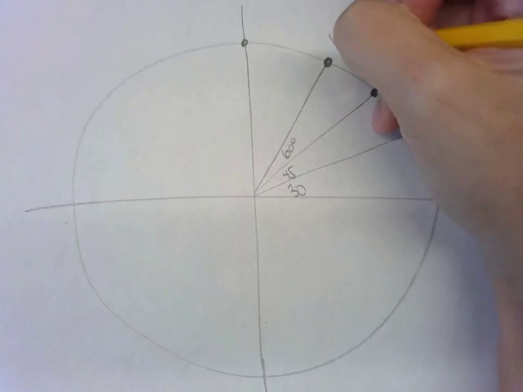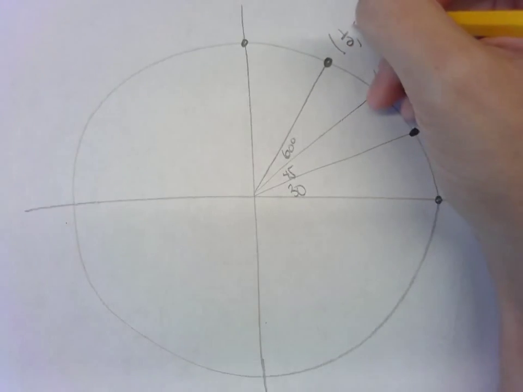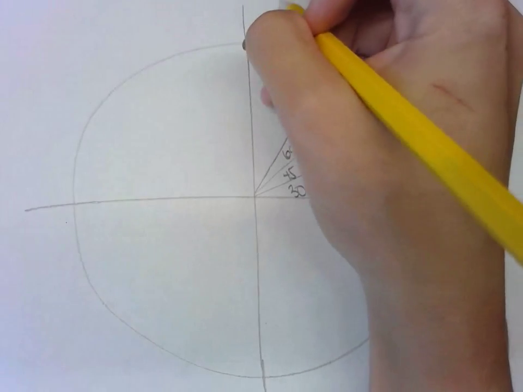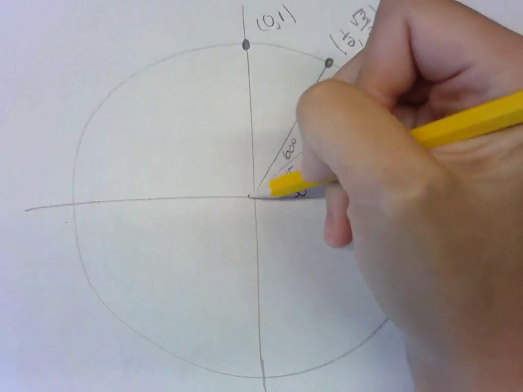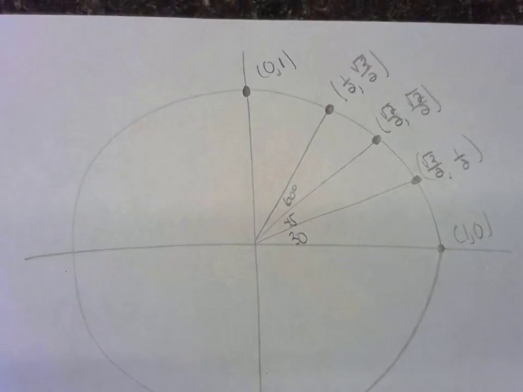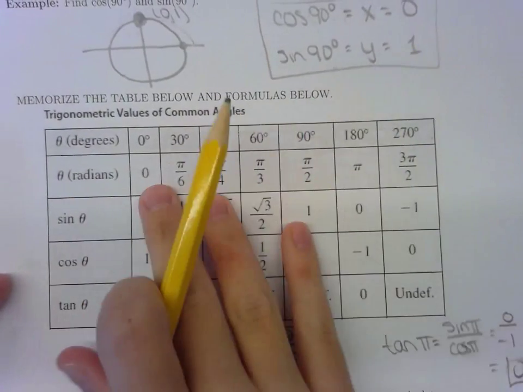We have cosine of 60 degrees, which is 1/2. Sine of 60 degrees is square root of 3 over 2. This point here would be 0, 1. So remember our radius is 1. So that's how we get that. That's basically filling in the unit circle. You have this table here.